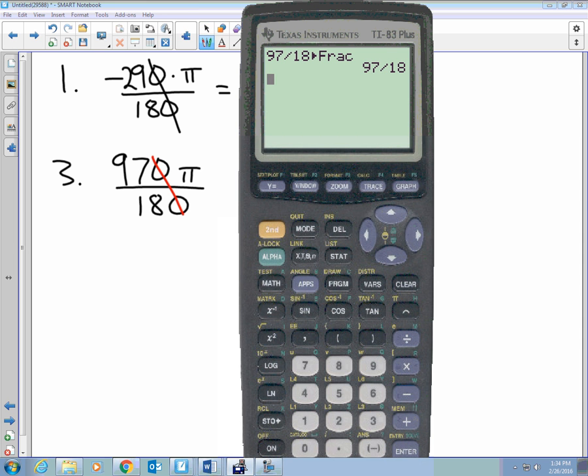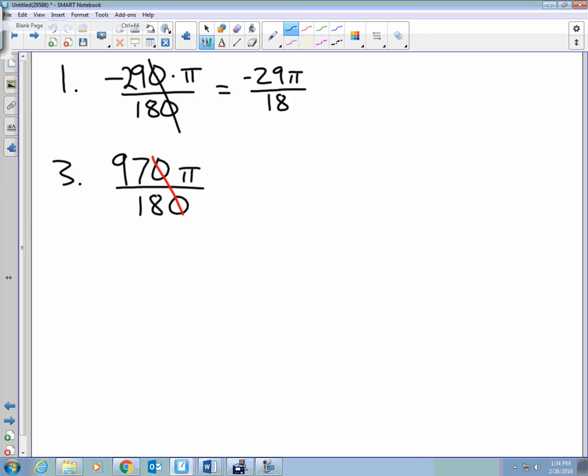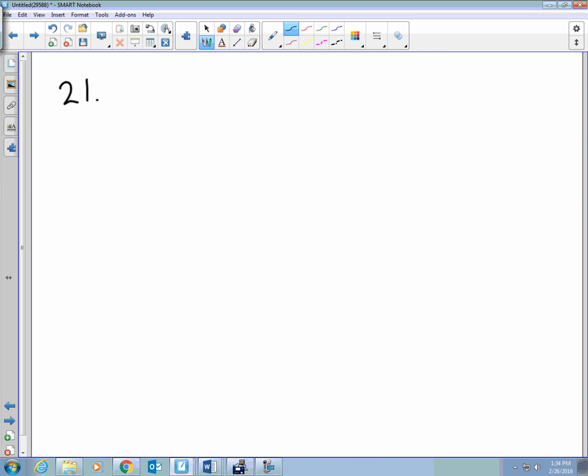Let's move to number 21 and 23. 21 says convert each radian into degrees. In order to convert from radians to degrees, I take whatever theta is and I multiply by 180 divided by pi.